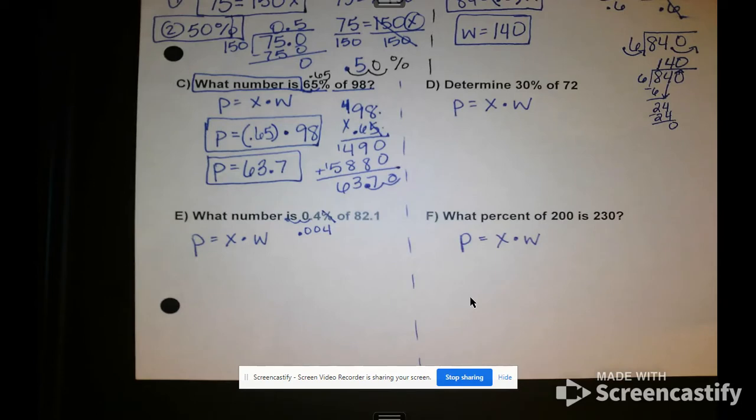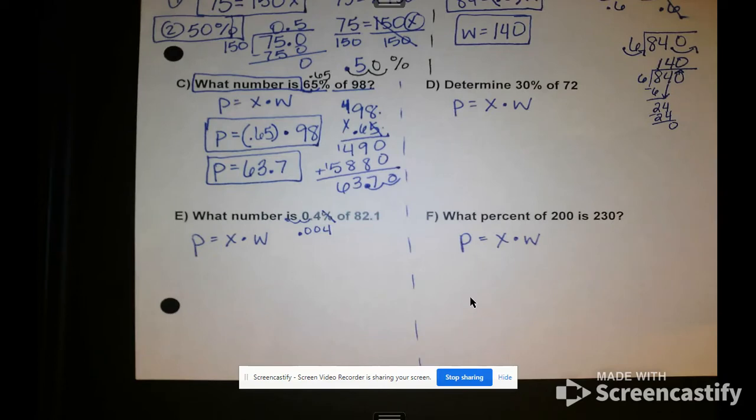What is this? So P equals part, X equals percent. Slow down. P is what? Part. And then X is percent. Whole. Okay. So you're dividing?